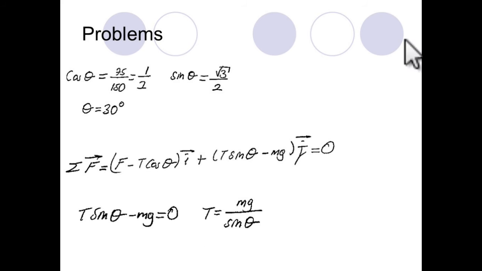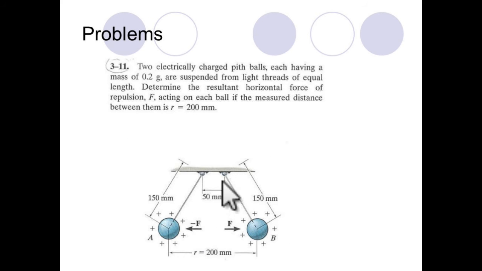Okay, now we are given the dimensions, and let's calculate theta. Cosine theta is equal to... let me show you. There exists a triangle, right? And since r is equal to 200 millimeters and this is 50 millimeters, this distance has to be 200 minus 50 divided by 2.